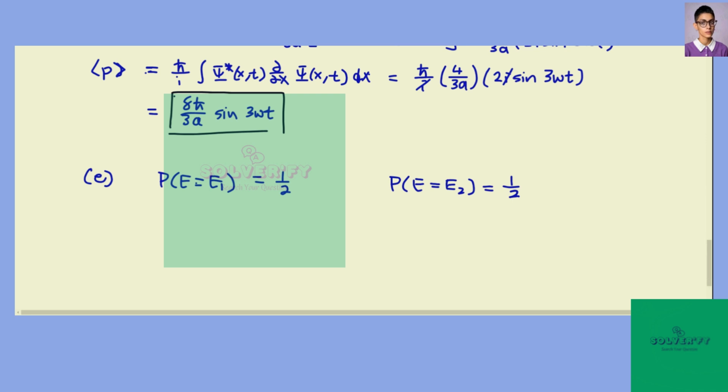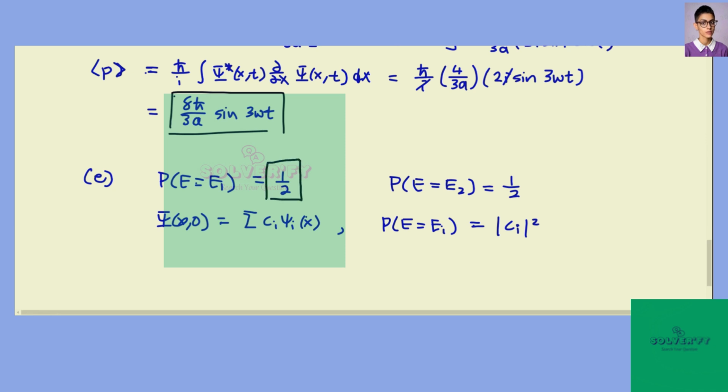It's basically because we wrote our psi of x and 0 in the form of the sum of c_i psi_i. And so the probability of getting E equals E_i is just mod c_i squared. Each c_i in this case is 1 over root 2, so when you square it, you get half.